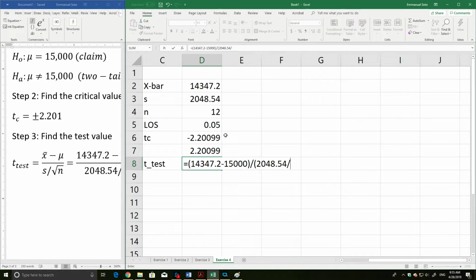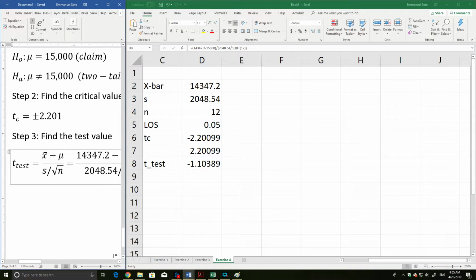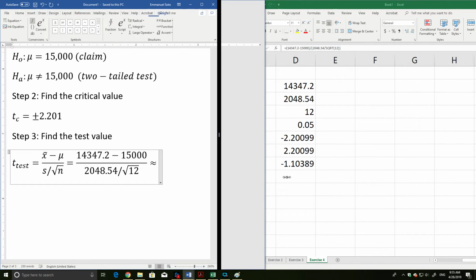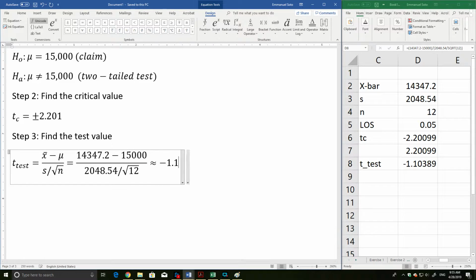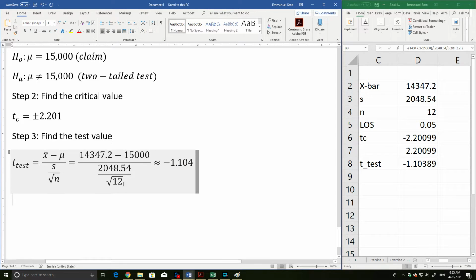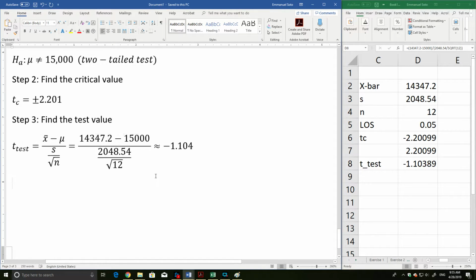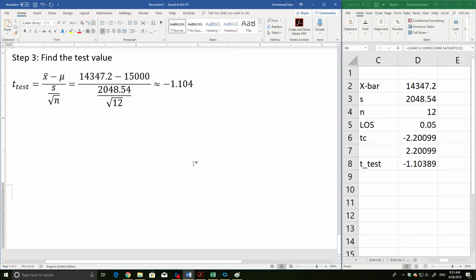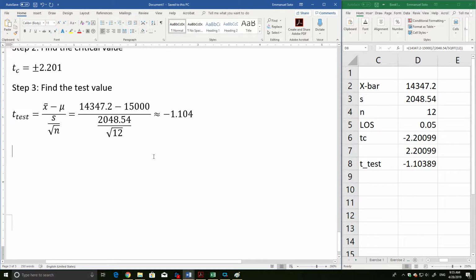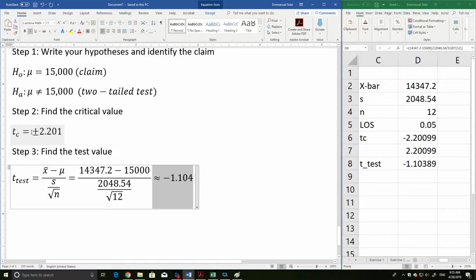To do the square root on Excel, sqrt, parentheses, 12, close the square root parentheses, close the denominator parentheses. And there's our function. We can go ahead and enter, and we get our t-test, negative 1.104. All right, so now what we're going to do is we're going to label a diagram for this scenario with these two sets of values.